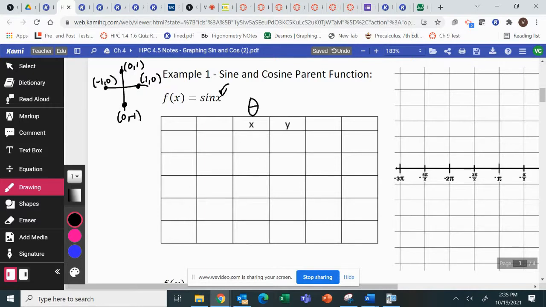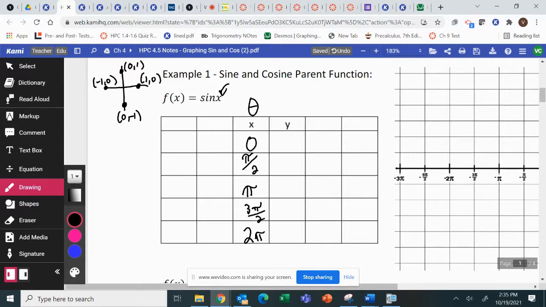Those are going to be the thetas, the angles. That's what I'm putting in. So I'm going to go from 0 to 2 pi for my parent function key points, and they're all going to be spaced the same. They just happen to be the x and y axes from 0 all the way to 2 pi.